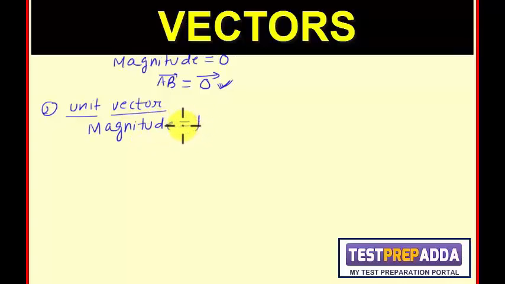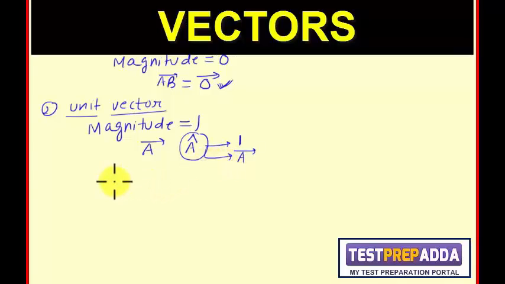So if a vector is given as A, its unit vector will be represented as A cap. Its magnitude will be 1 and its direction will be same as vector A.